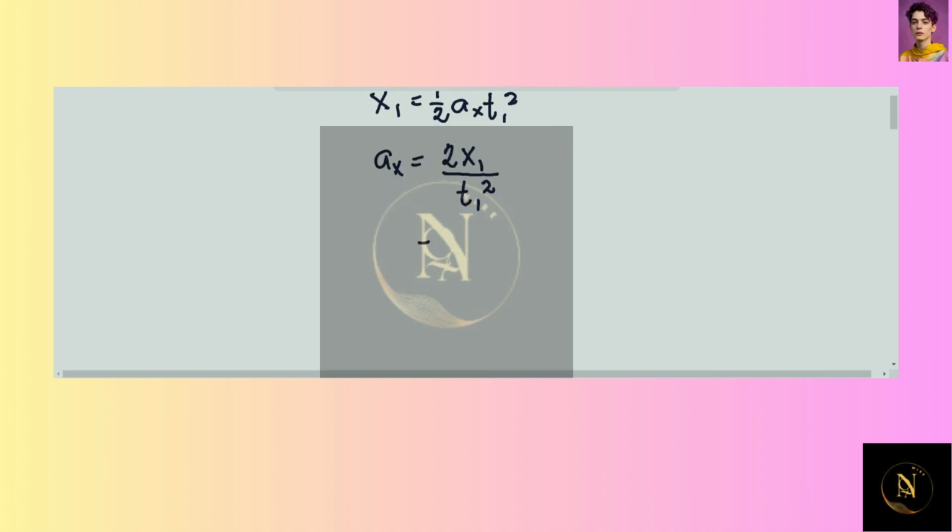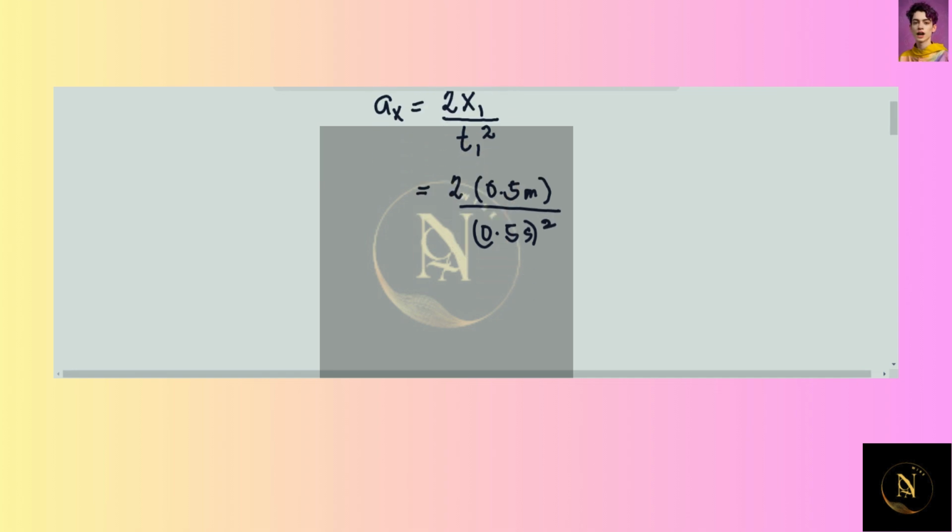Inserting in this equation the given values, we have 2 multiplied by 0.5 meter over 0.5 seconds quantity squared. The answer is 4 meters per second squared. So this is the acceleration of the body as it slides down the inclined plane.